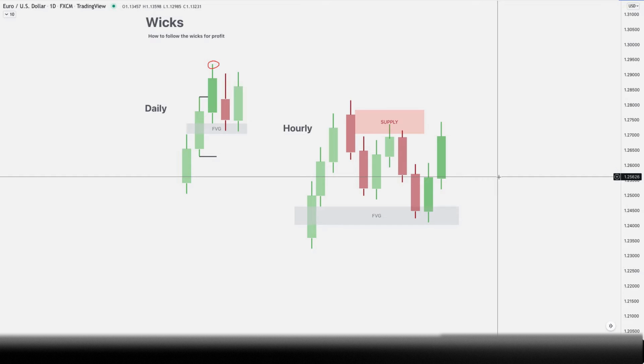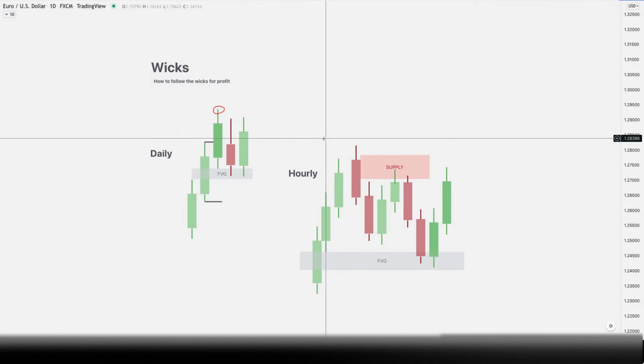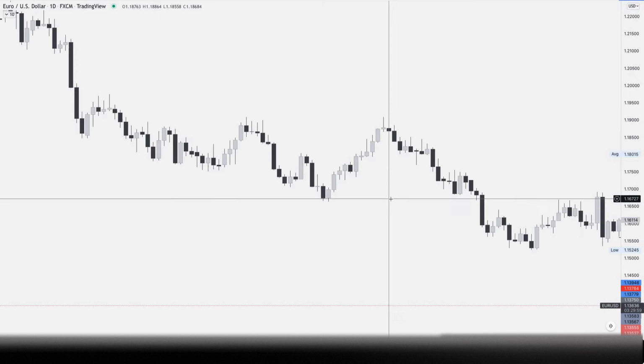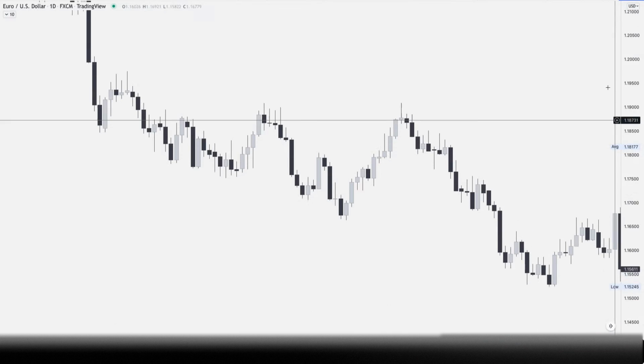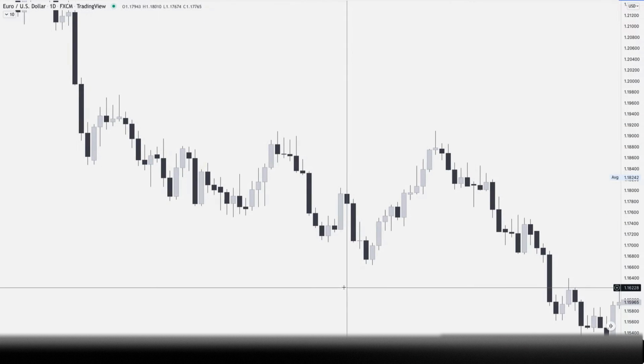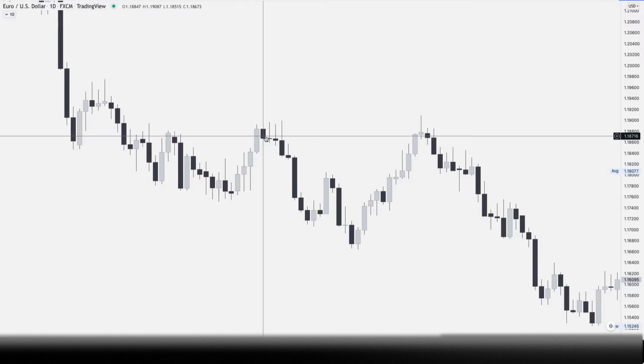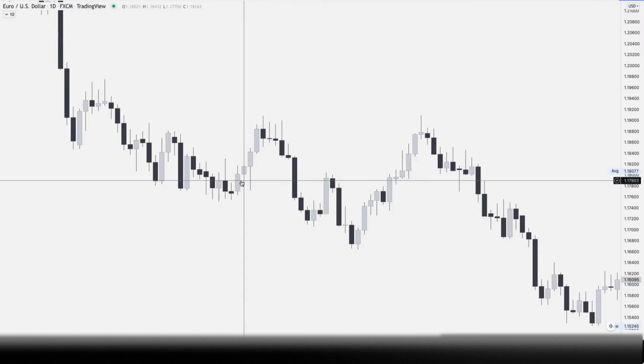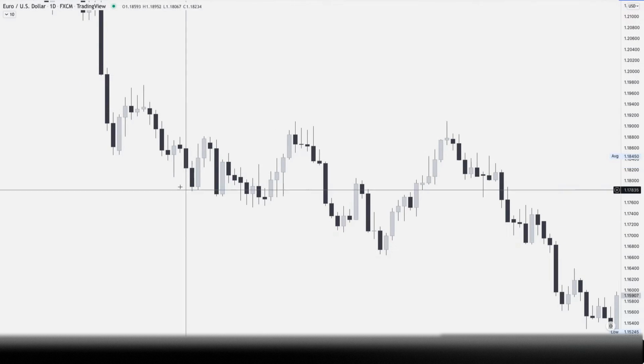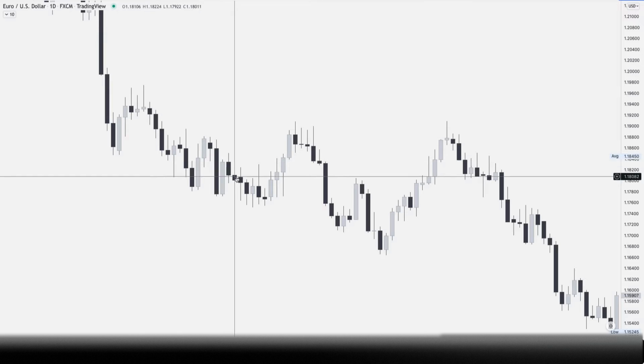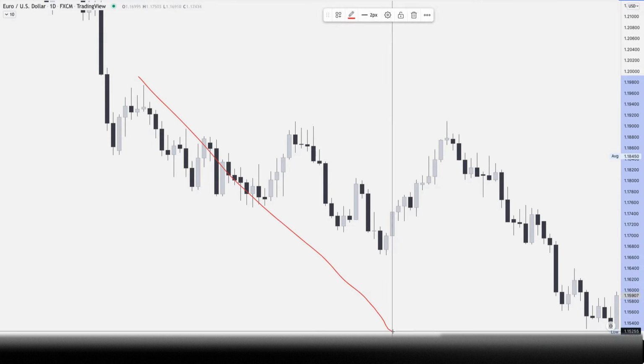So let's now go into the charts and start to look at how this relates to real, true price action. All right, here we go, guys. So we're on the daily, and we're going to be flowing with the mitigation cycle of the wicks. Okay? So in this instance here, we're obviously in a downtrend. But as we all know, not every downtrend just melts and melts and melts.